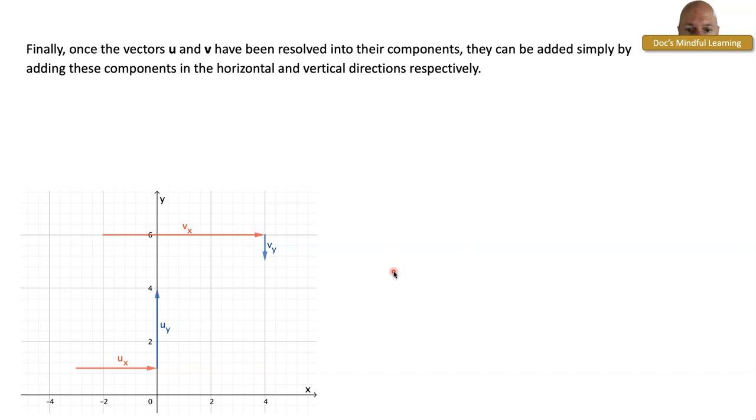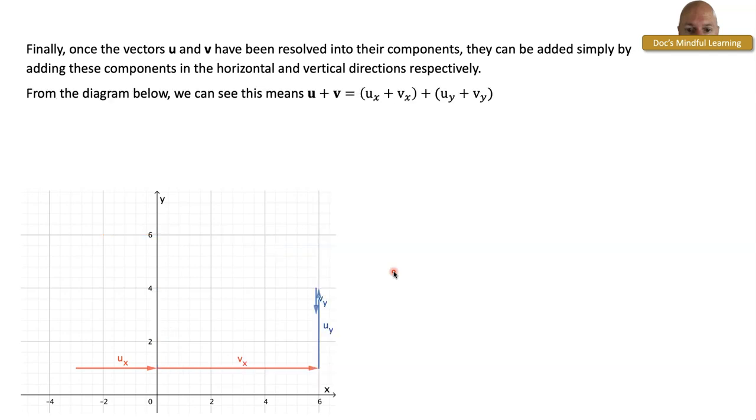Now, once we've resolved those vectors into their components, then adding the two vectors can be as simple as just adding the components in a given direction. So u plus v could be the x components of u plus v added, and then the y components of u plus v added.